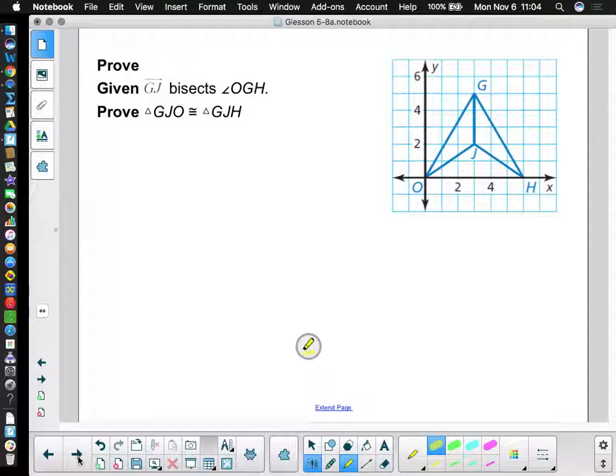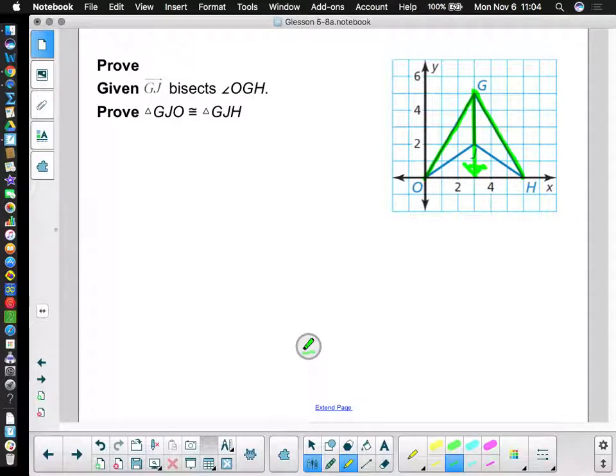Let's try another one. Here I want to prove the triangles are congruent given that GJ bisects angle OGH. So again, like any good proof, we're going to draw our picture first and indicate what's given to us. GJ bisects angle OGH. So there's angle OGH with GJ as a bisector.